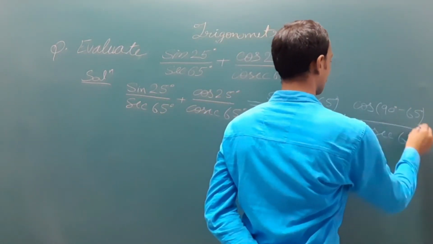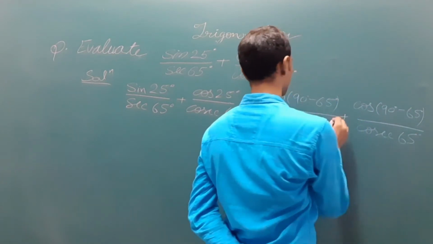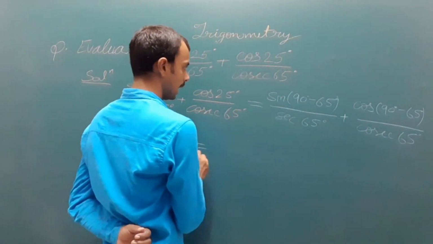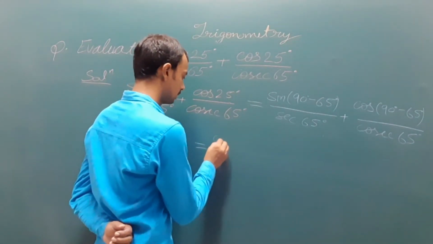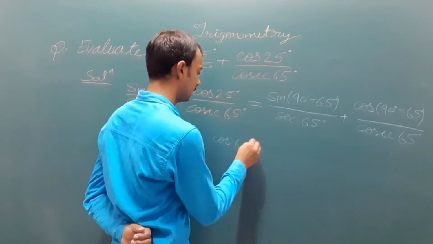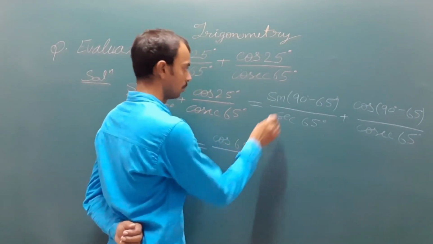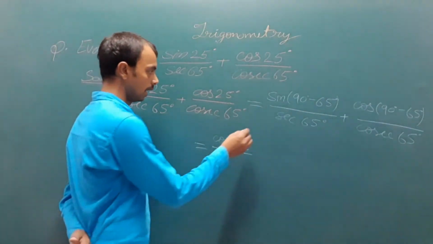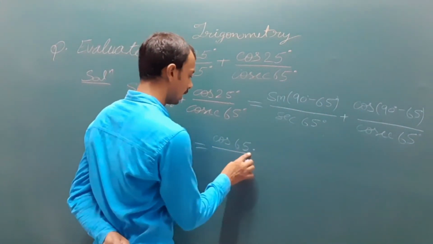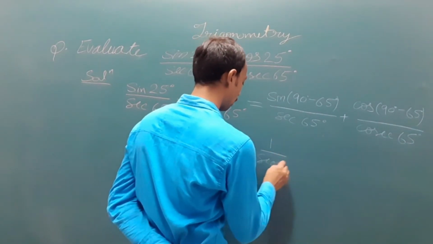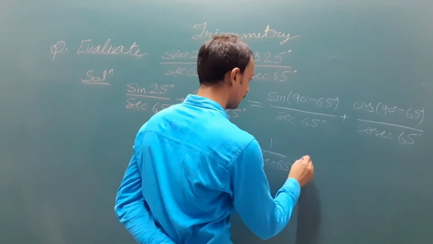Now as we have studied a few minutes before, sine 90 minus 65 is cos of 65 degree, because sine 90 minus theta is cos theta. And sec of 65 I can split as 1 upon sec of 65 degree.